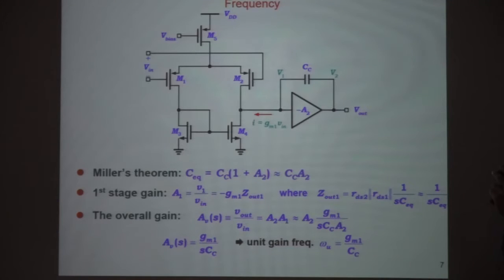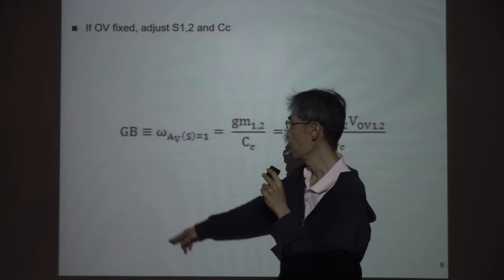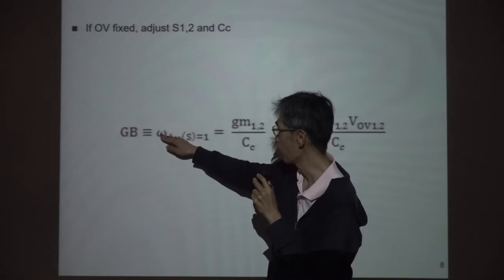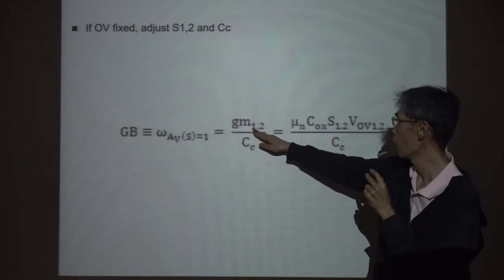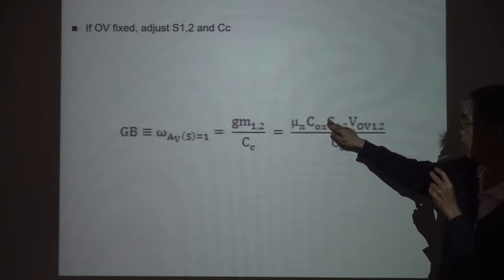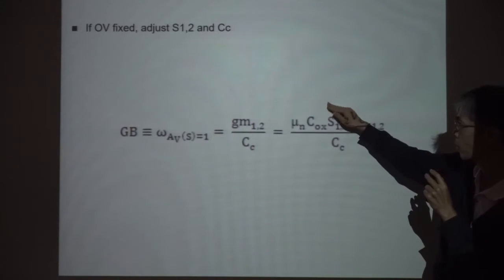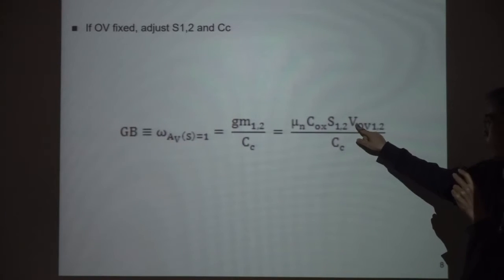Okay, next page. So, unit gain frequency: when omega AV equals 1, we can derive the unit gain frequency. And GM1 or 2, this is the equation, mu n Cox S, where S is omega, W divided by L, width divided by length. And this is the overdrive, VOV.